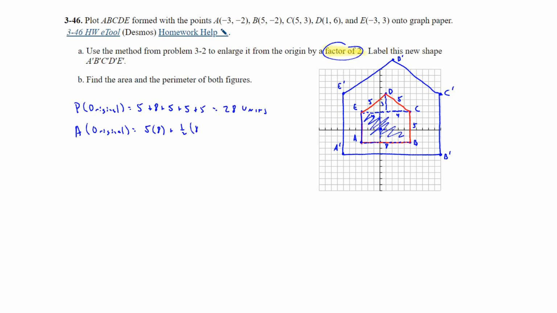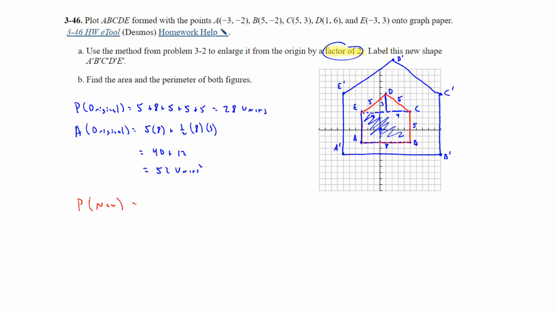We can do a base of 8, and then we know the height right here is 3. So it looks like we're going to get 40 plus 12. So we have the area of the original equal to 52 units squared.